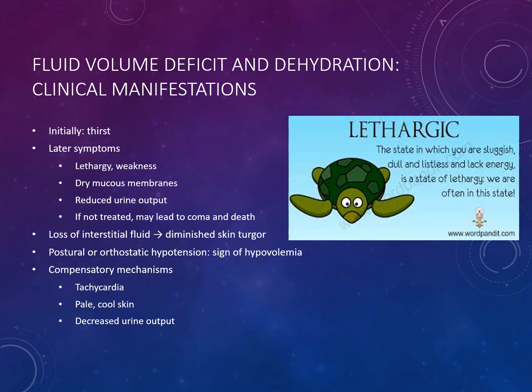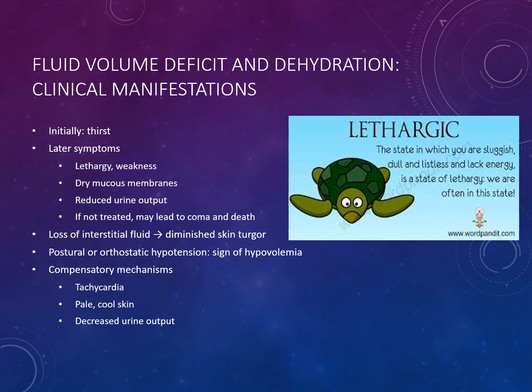And then the compensatory mechanisms kick in, and you will see tachycardia, because the heart's trying to beat as fast as it can to pump what fluid it can to maintain the organs functioning. So it's going to beat faster to pump what it can. Pale, cool skin, because it does affect our thermoregulation, which is another concept that's related to it, and decreased urinary output. We need to monitor the urinary output very frequently, every 2 hours, especially with a compromised patient.